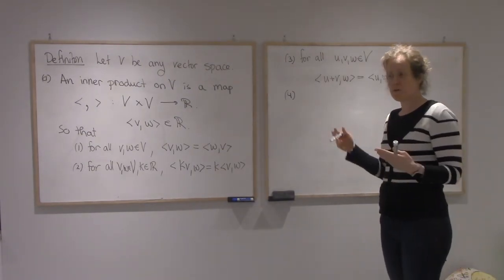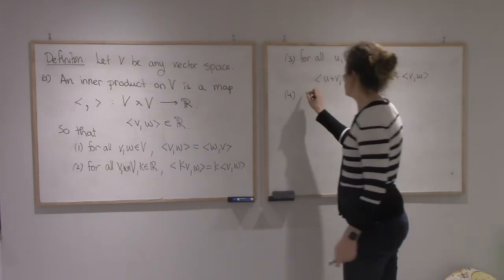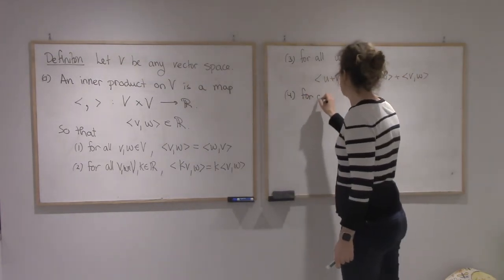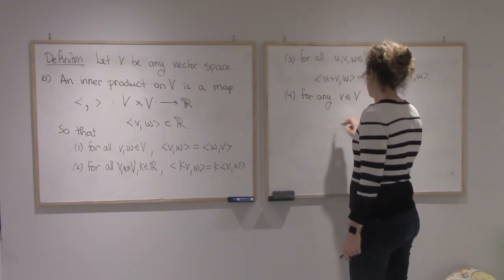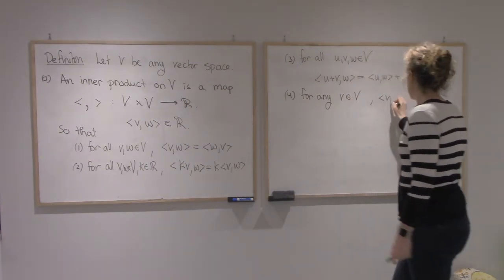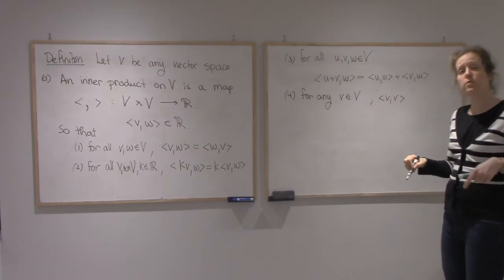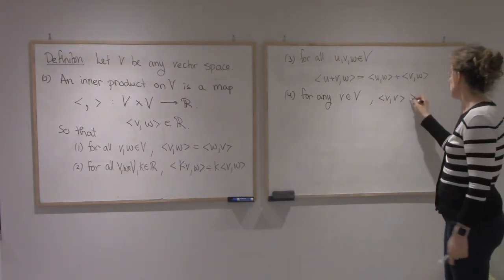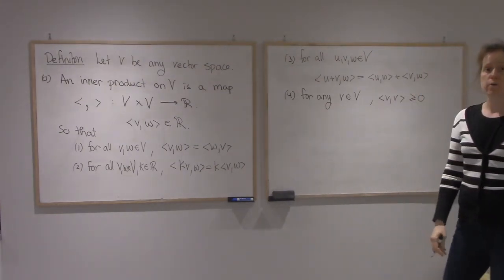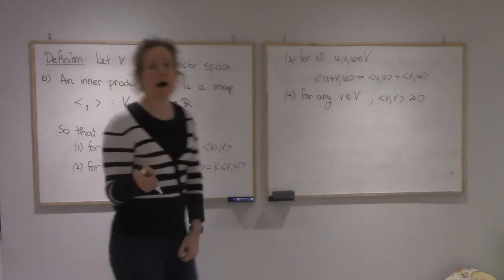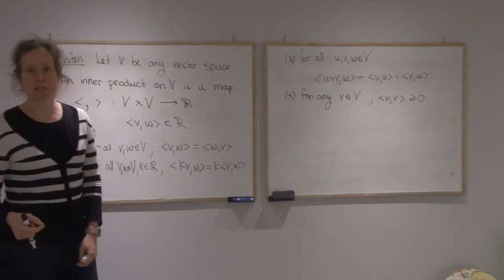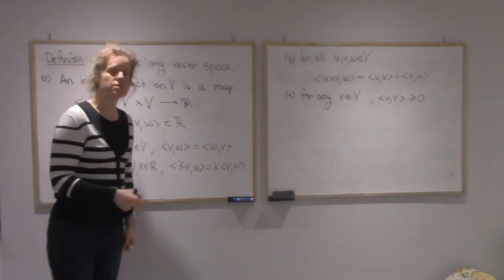All right, and then last, because I want to use this product to get lengths, I'd rather make sure that if I take <v, v>, the product of v with itself, this needs to be bigger or equal to 0. And more than that, I don't want it to be 0 unless v itself is the 0 element.